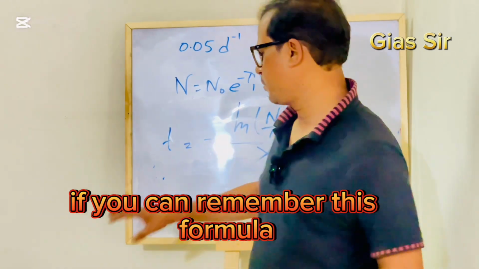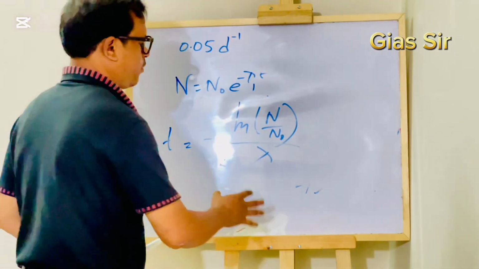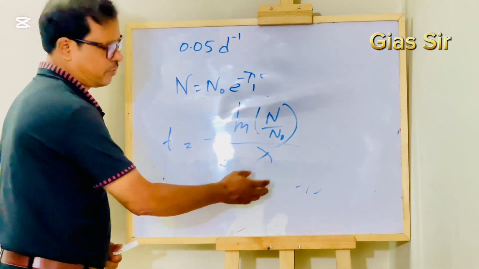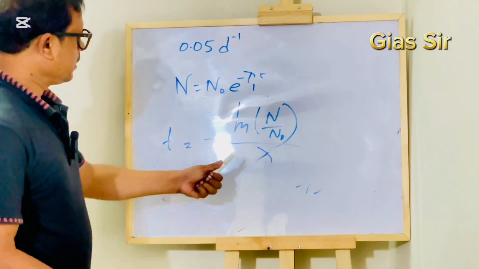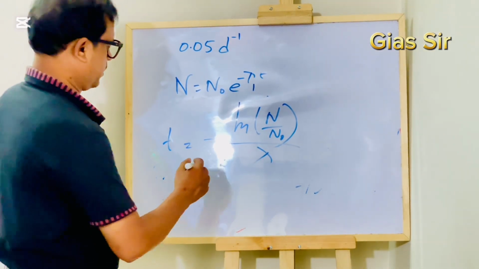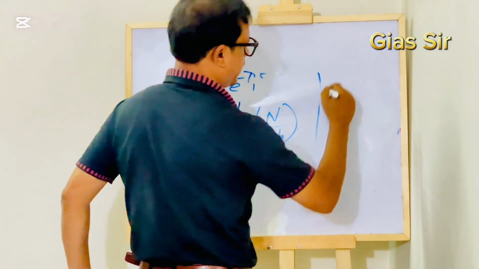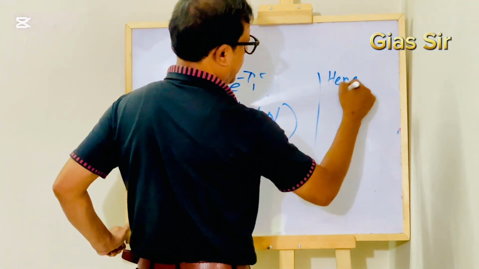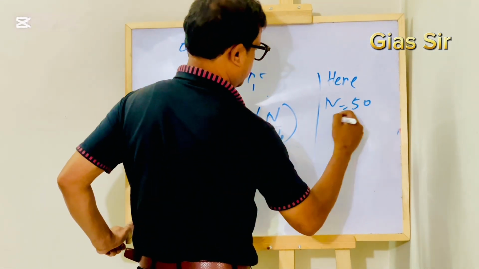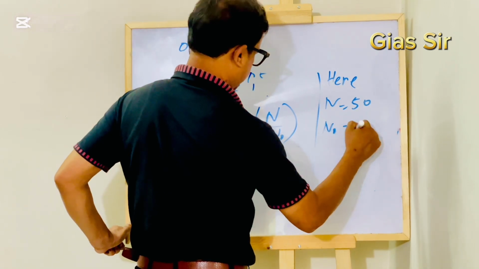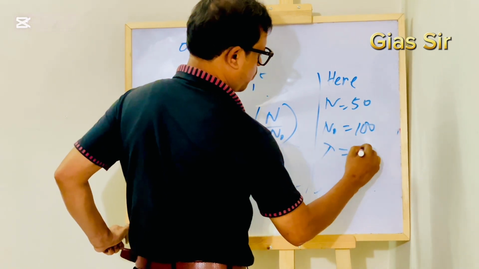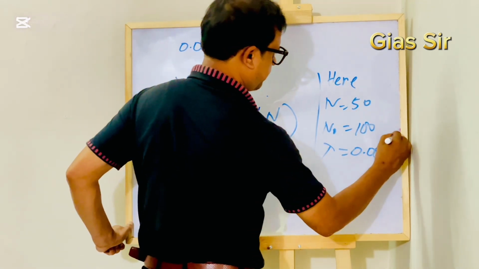If you can remember this formula, t equals minus ln N upon N naught, upon lambda. Look, N equal to 50 and N naught equal to 100, lambda equal to 0.05 per day.